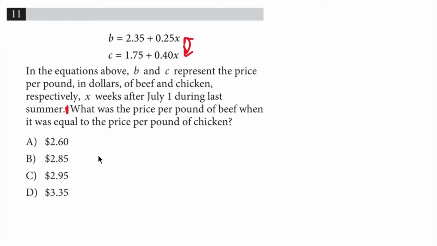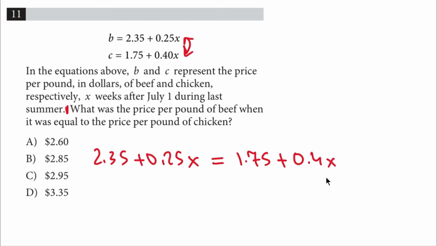So let's equate them. 2.35 plus 0.25x is equal to 1.75 plus 0.4x. Now we need to solve for x. So let's get the like terms on one side. 2.35 minus 1.75 is equal to 0.4x minus 0.25x.